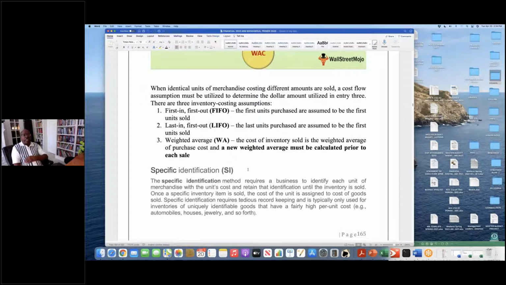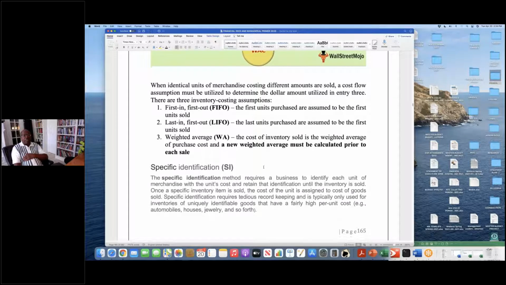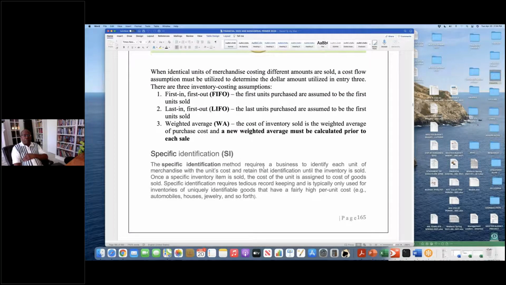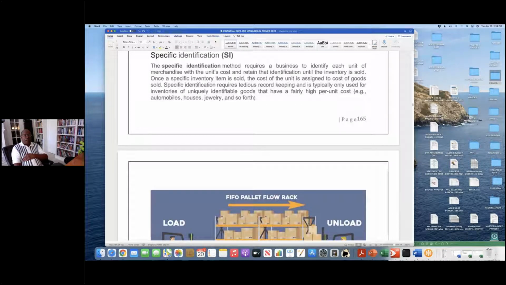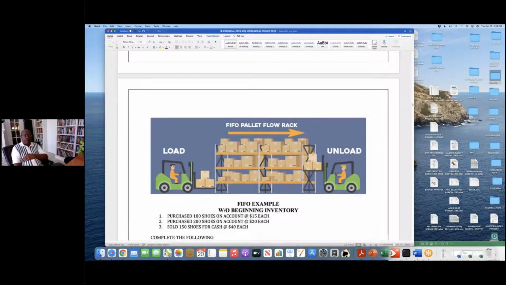If you're selling expensive things like jewelry or cars, you're going to specifically identify what's sold. So we're not talking about high price items, but computers, shoes, televisions, printers, where they're bought in mass and sold, but they're bought at different prices.